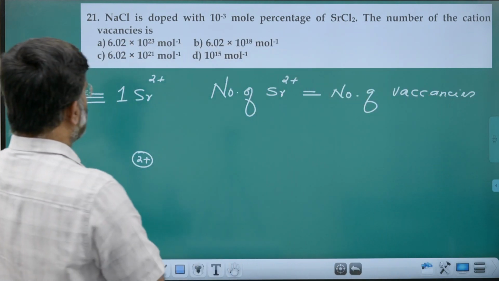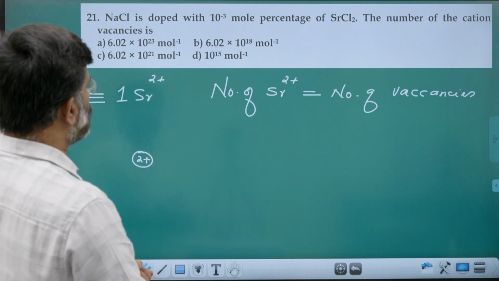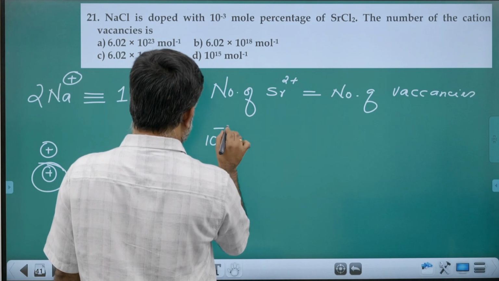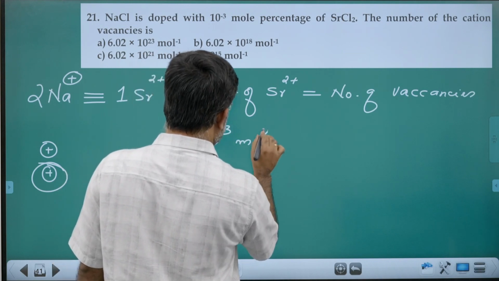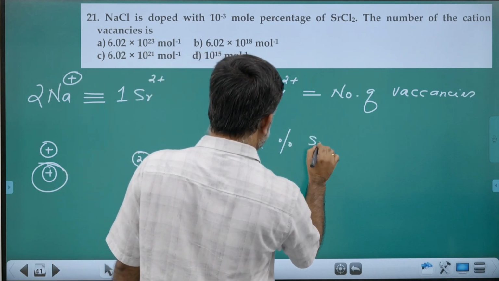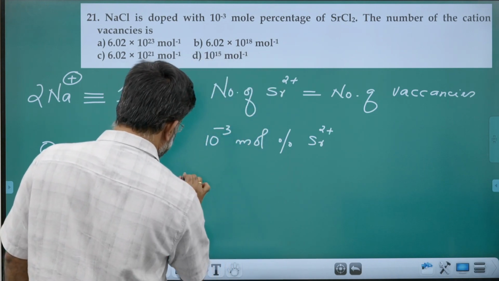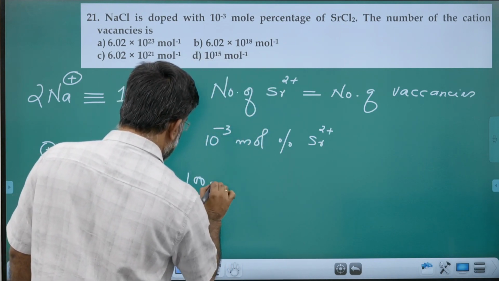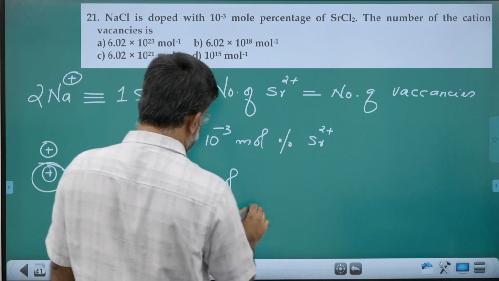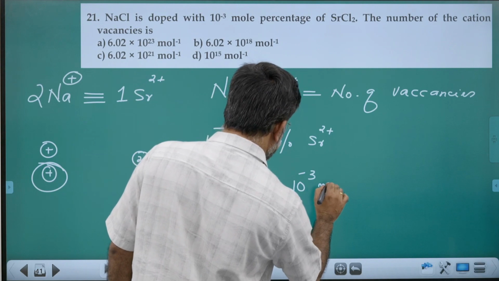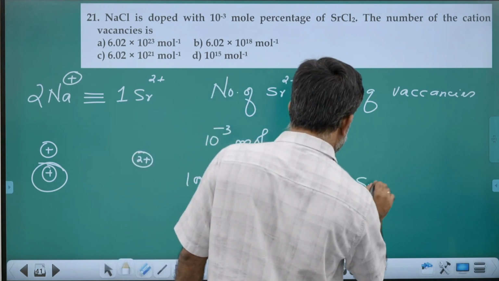NaCl doped with 10 power minus 3 mole percentage of strontium. That means in 100 moles, there is 10 power minus 3 mole strontium.